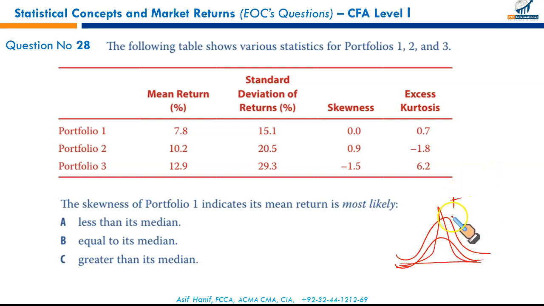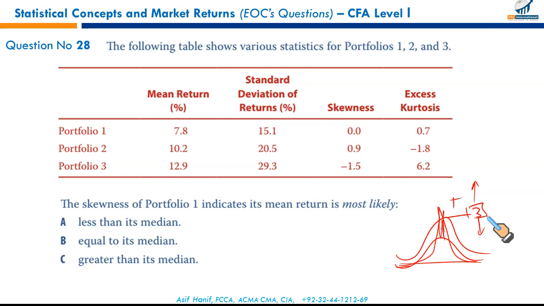In other words, the normal distribution has a kurtosis of 3. The one that is peaked, slimmer, will have a kurtosis greater than 3, and the one that is a little flatter, which you call platykurtic, will have excess kurtosis of less than 3, or in other words, negative.